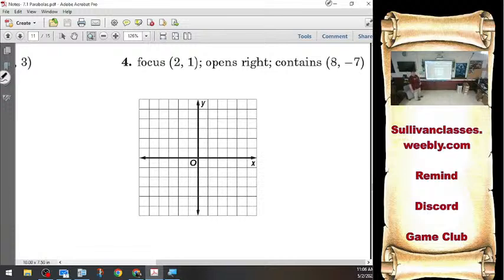You're going to have to go by a scale of 2 if you want to fit it.